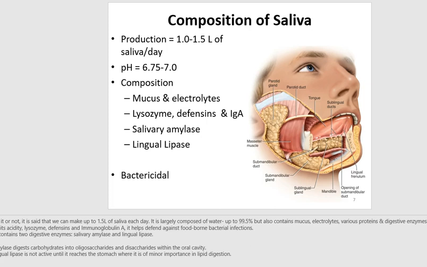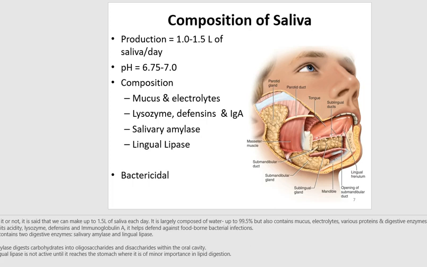Due to this acidity, the presence of lysozyme, defensins, and immunoglobulin A, it can help defend us against foodborne bacterial infections. The digestive components of saliva include amylase and lipase.